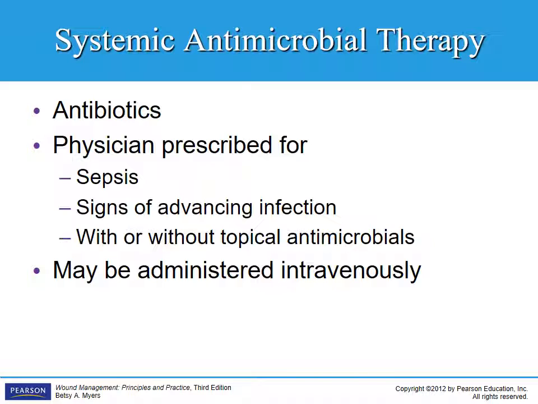They'll put them in the hospital and they'll hang an IV of antibiotics. Osteomyelitis, as I said in earlier lectures, is really, really, really difficult to kill bacteria and microbes once it's in the bone. So almost always someone with osteomyelitis will be on a systemic antimicrobial therapy.